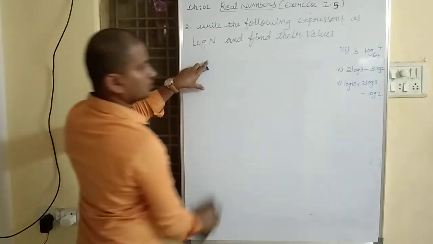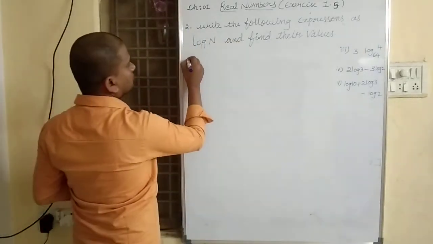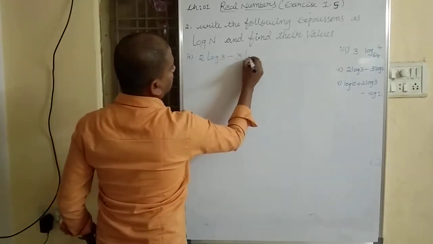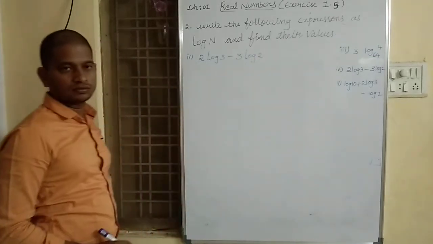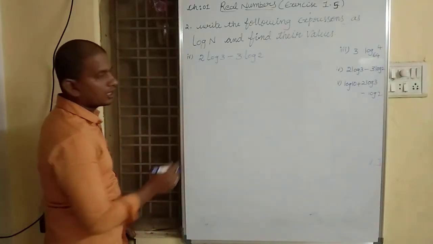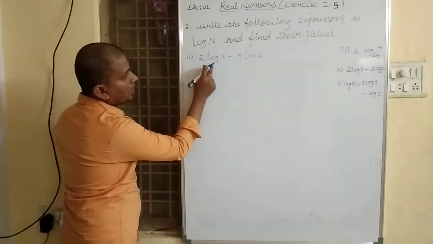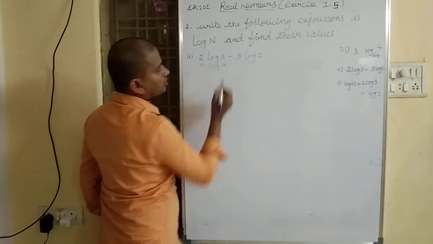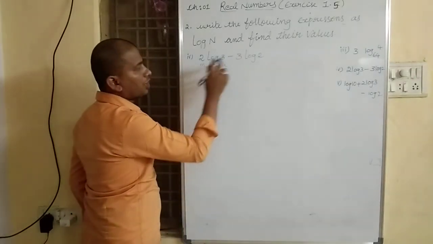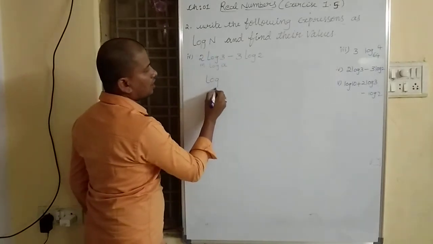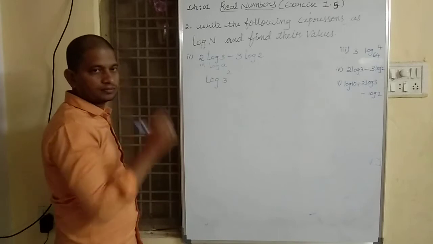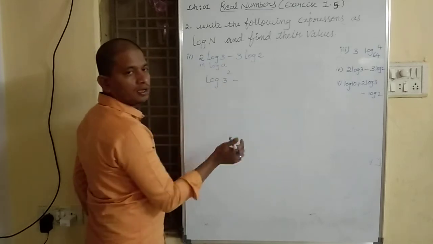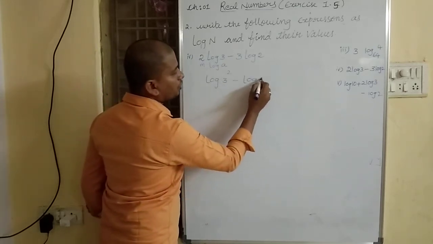Fourth one is 2 log 3 minus 3 log 2. You can observe here which is in the form of m log a. I can write as log a to the power m, I mean log 3 square, minus which is also in the form of m log a, I can write as log 2 cube.